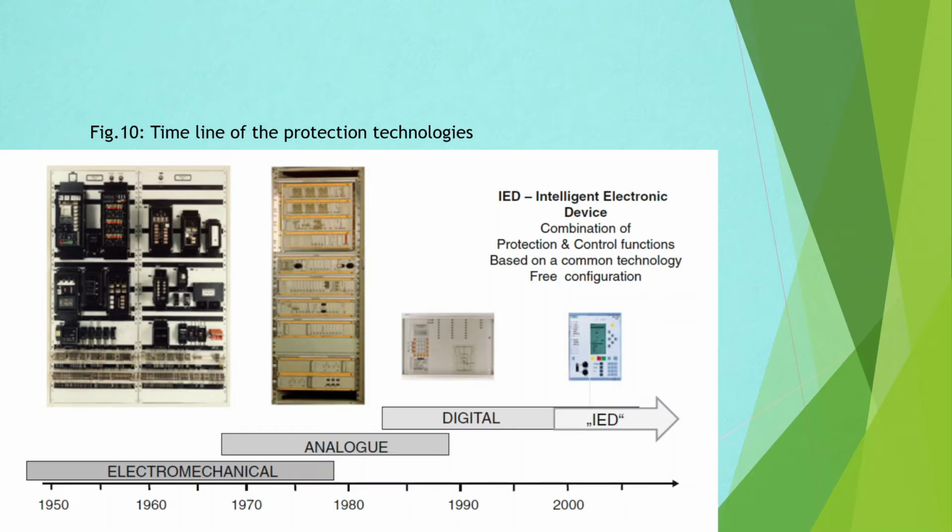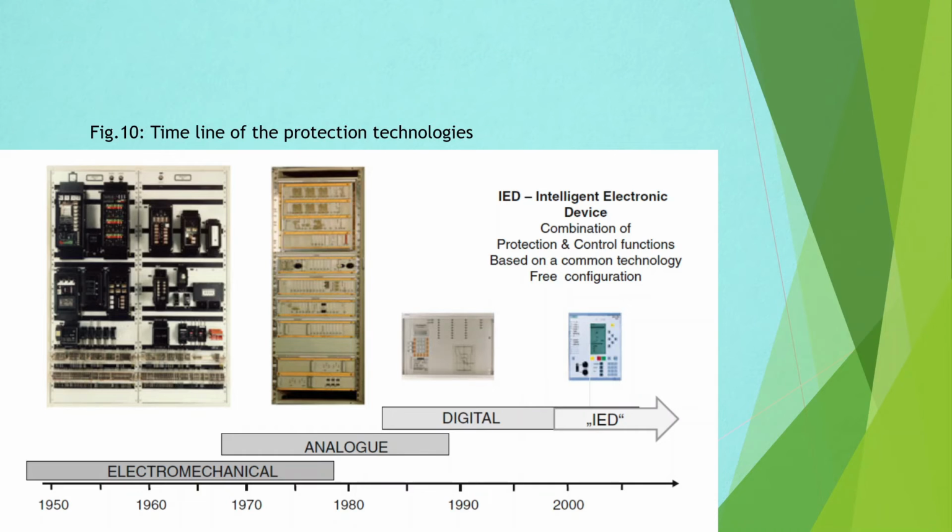To perform this task, the former protection panels were equipped with several devices connected by complex wiring logic. The analog electronic technology applied electronic boards and an electric bus to perform the logical links. Both technologies were installed in a special relay room of the substation building. Consequently, all signals were transferred via cables between the relay room and the switch bay, with some disadvantages as considered for the control.